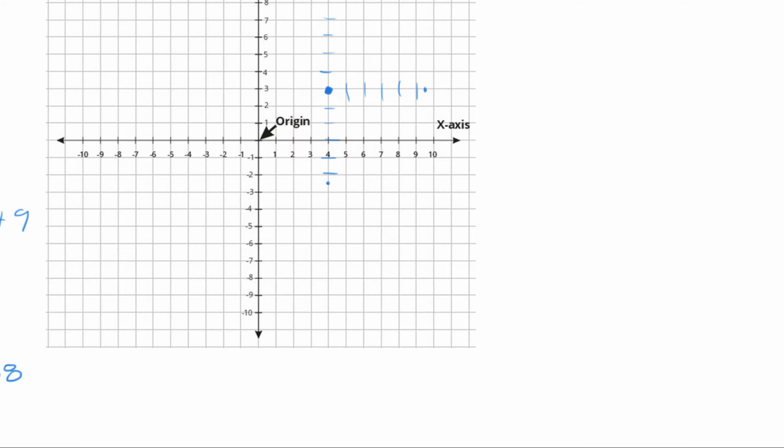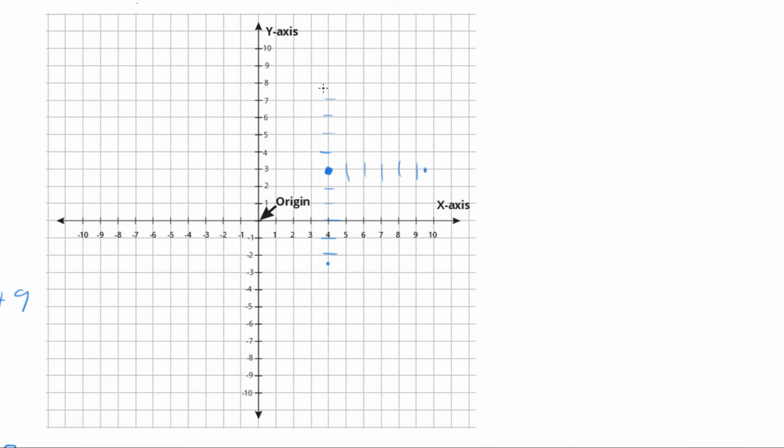Let me shift this a little bit. Same thing for the left and up: 5 and 0.38. What I'm going to do is trace it around. It's not going to be a perfect circle here. Okay, and that'll be my circle.